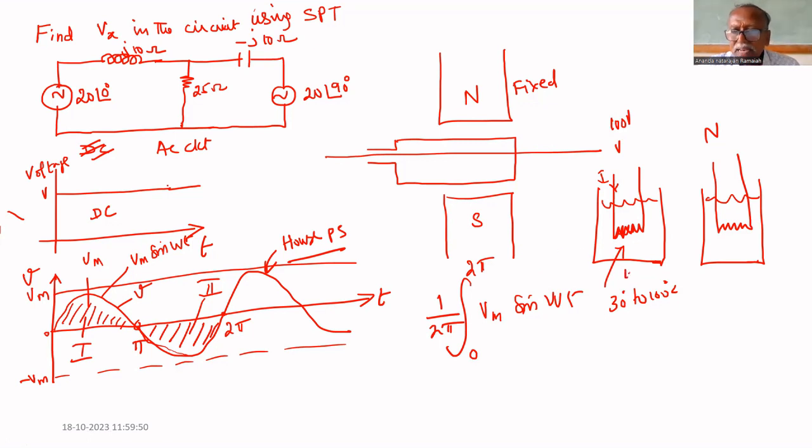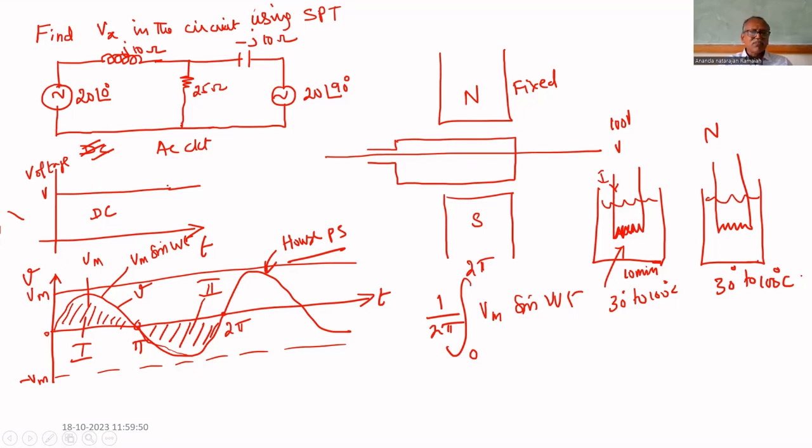For the same 10 minutes, this also raised the same amount of heat. Initial temperature is 30 degrees centigrade. It raised to 100 degrees centigrade. The same duration of 10 minutes. Let us assume. Then the AC is equal to 100 volt RMS. That is called the equivalent voltage.